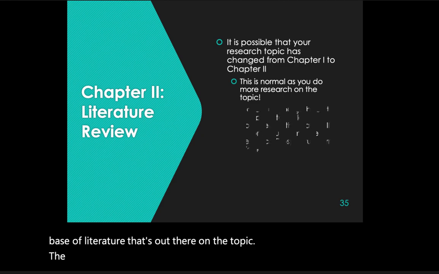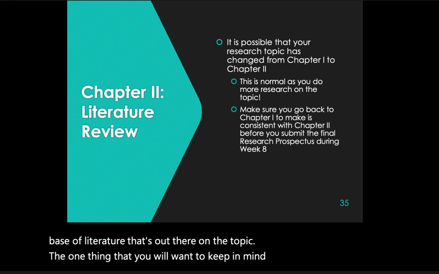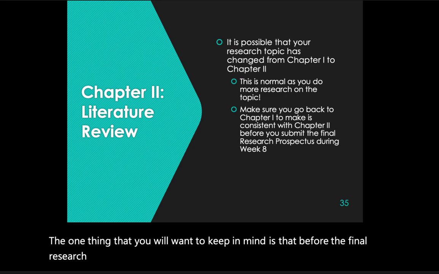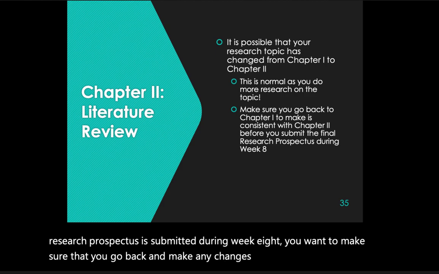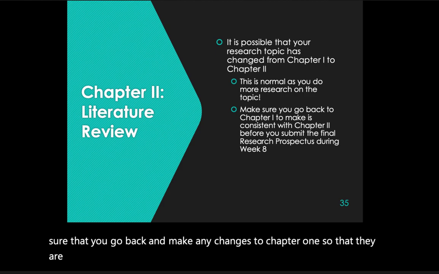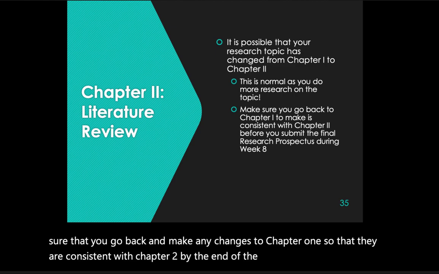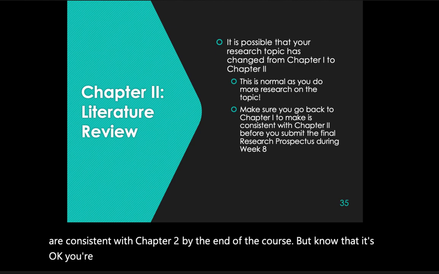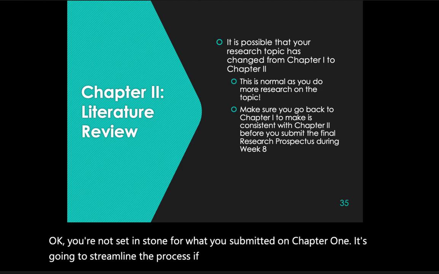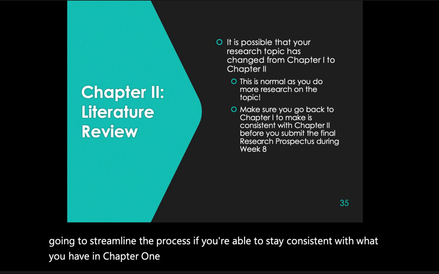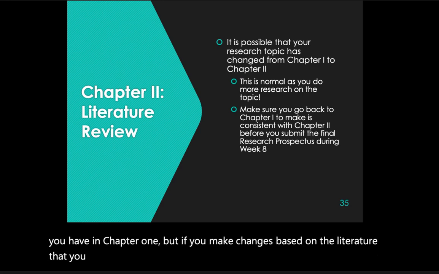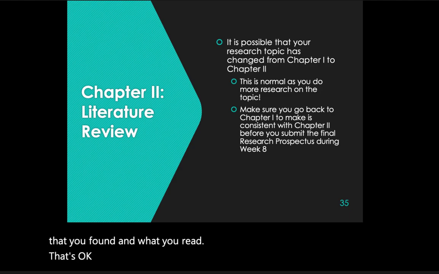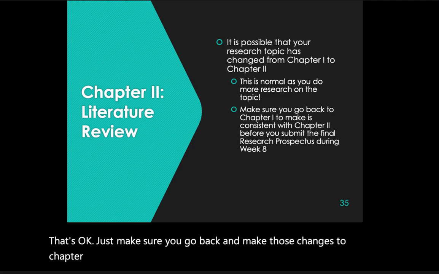The one thing that you will want to keep in mind is that before the final research prospectus is submitted during week 8, you want to make sure that you go back and make any changes to chapter 1 so that they are consistent with chapter 2 by the end of the course. But know that it's okay. You're not set in stone for what you submitted on chapter 1. It's going to streamline the process if you're able to stay consistent with what you have in chapter 1. But if you make changes based on the literature that you found and what you read, that's okay. Just make sure you go back and make those changes to chapter 1 before you submit the final project.